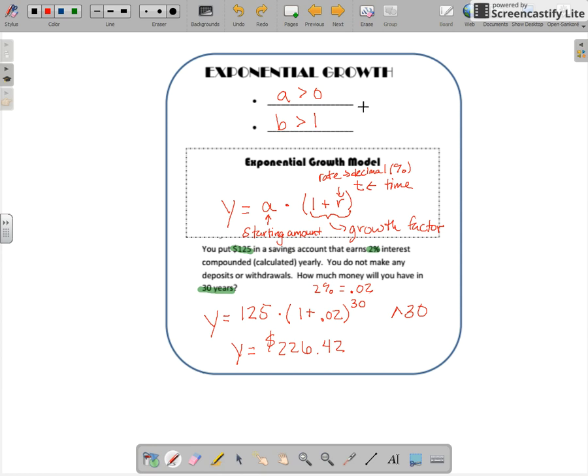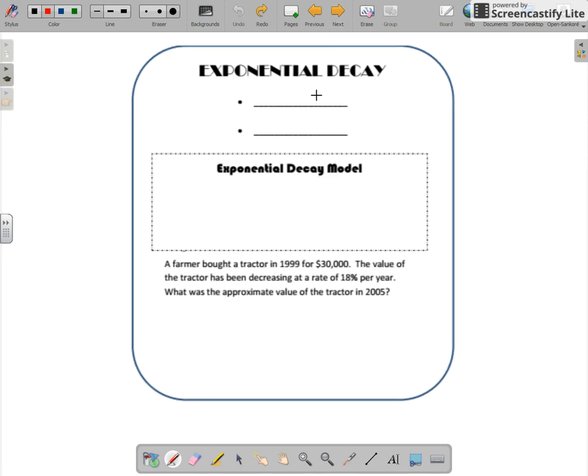So that's exponential growth. Now let's look at an exponential decay example. For exponential decay, your a is greater than 0, just like exponential growth. However, this time your b is in between 0 and 1, so it's a fraction or a decimal. The model is the exact same as exponential growth.